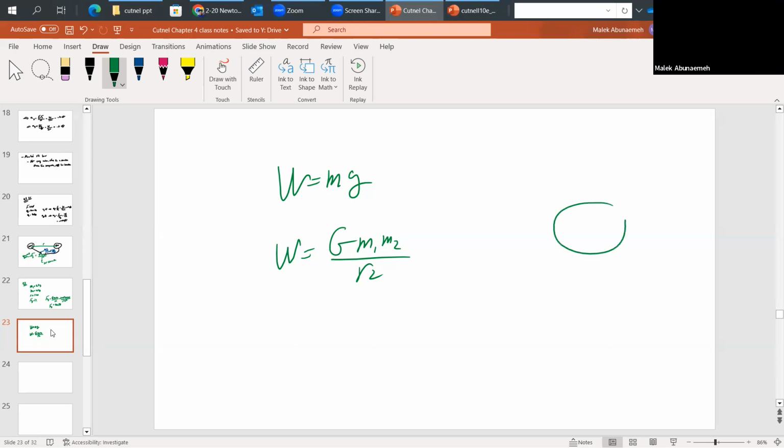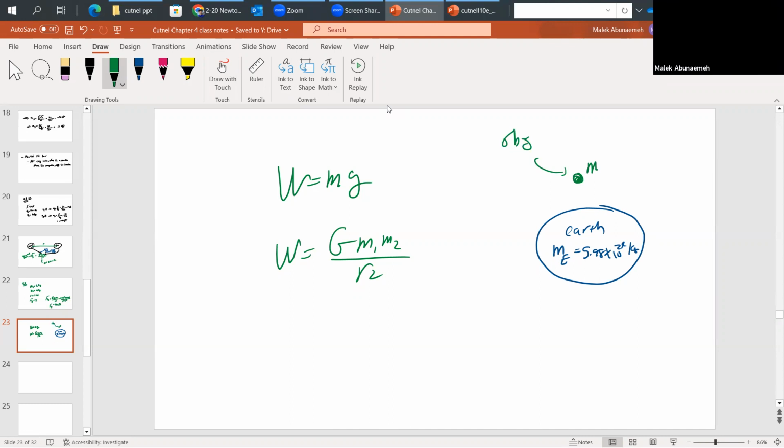So you got the Earth, which has a mass. Let me actually make it a little bigger. So you have the Earth, which has the mass of the Earth, which is going to be 5.98 times 10 to the 24th kilograms. And you got an object on that mass with a mass M.